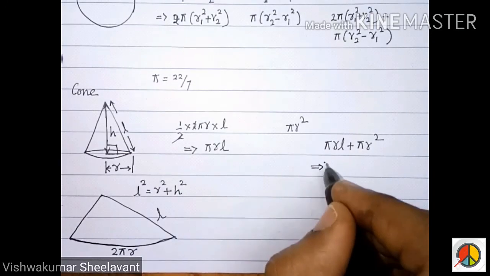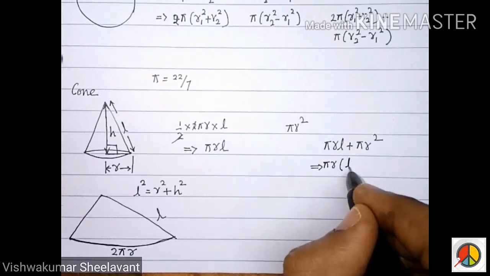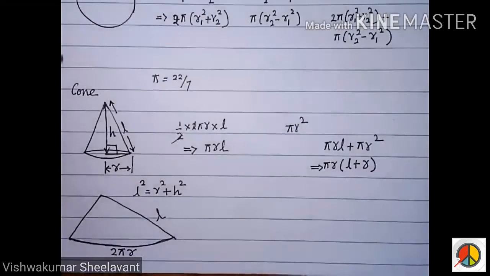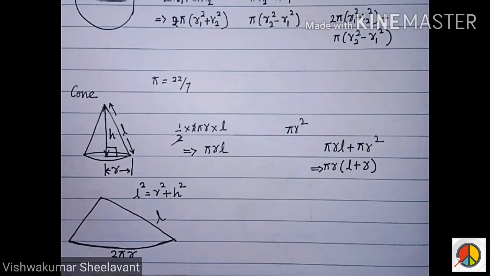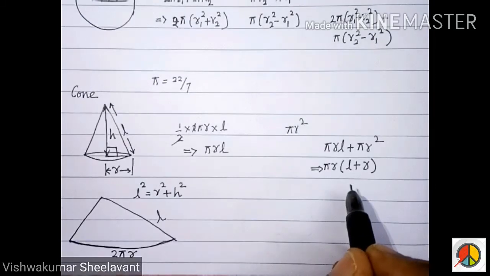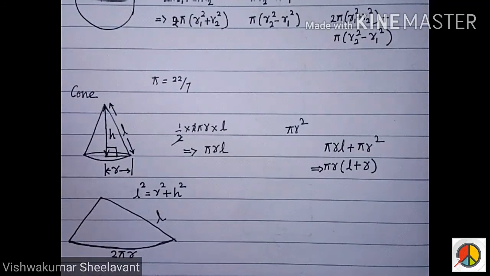Taking pi r common outside, you will get inside the bracket L plus R. So this is TSA of a cone. I hope all of you have written.